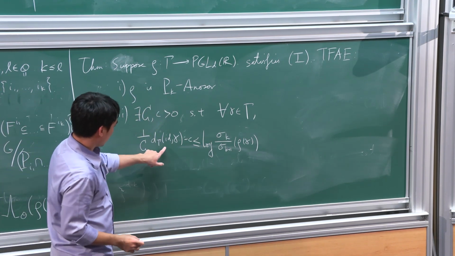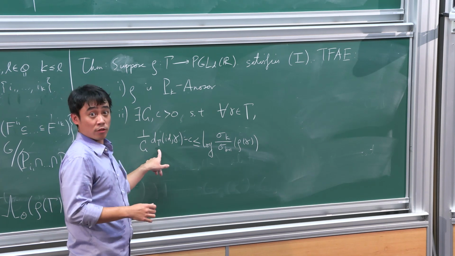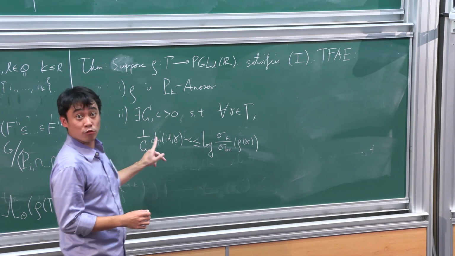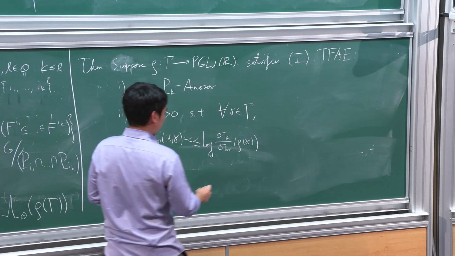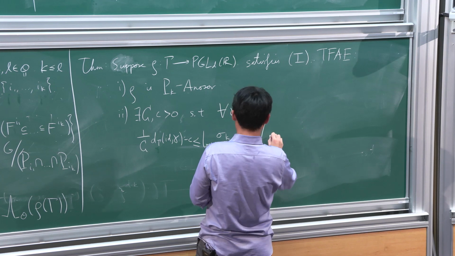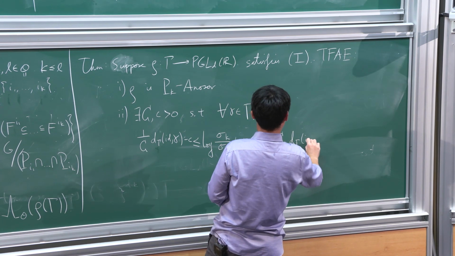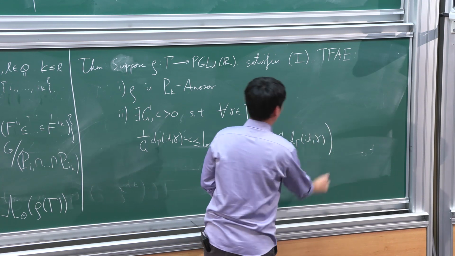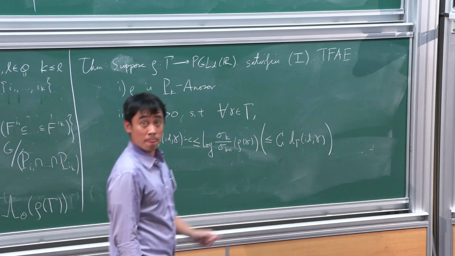This is with respect to some word metric you pick on the group. It doesn't matter which one you choose. I should point out that there's also an upper bound here, but this upper bound is true for any representation. You don't need Anosovness for this.